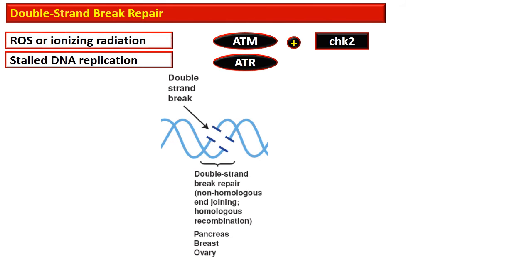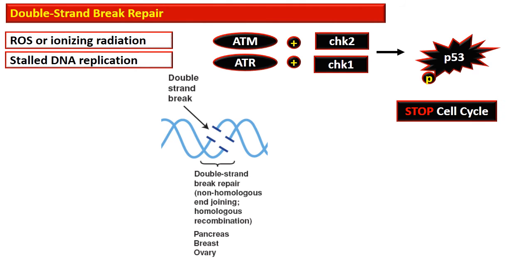this is sensed by the ATM enzyme and it immediately recruits CHK2 or CHEK2 enzyme, and if it is caused by a stalled DNA replication fork, it recruits CHK1 or CHEK1 enzyme that will lead to the phosphorylation of p53.